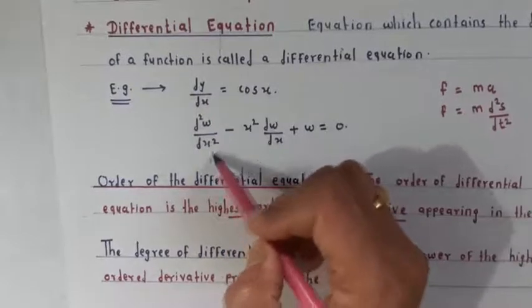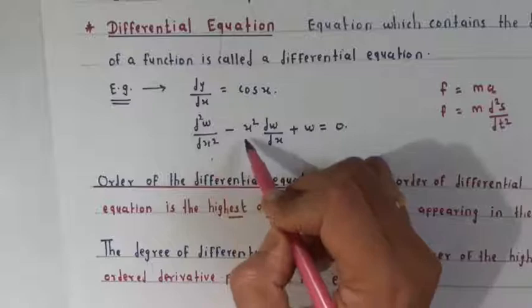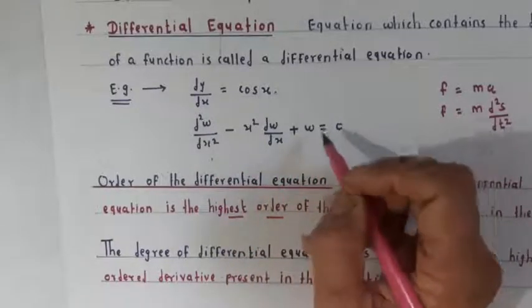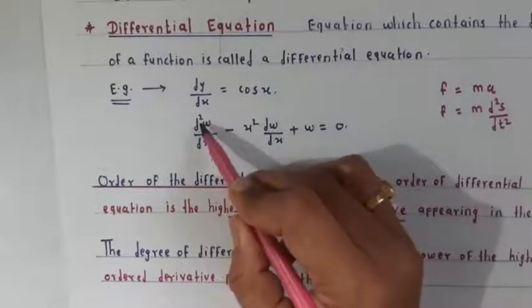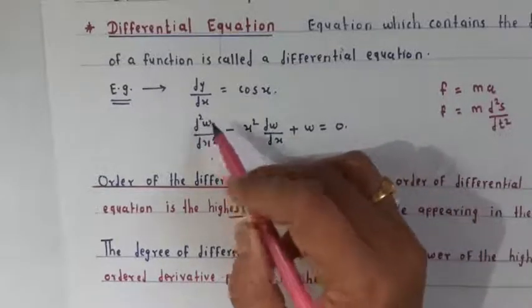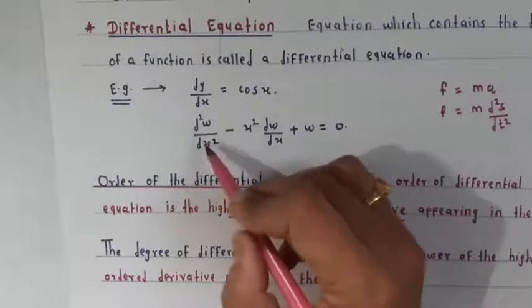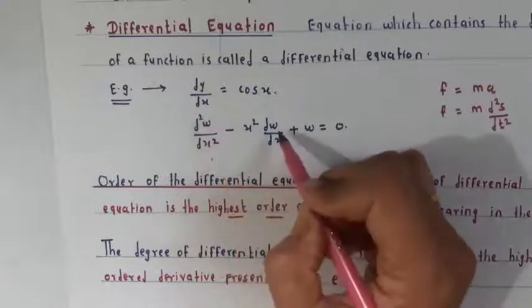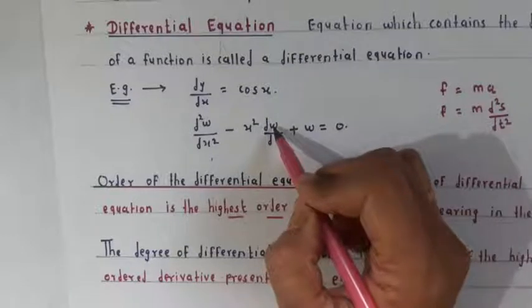Now in the second example, d squared w upon dx squared minus x squared dw by dx plus w equals 0, which is the highest order? d squared w upon dx squared is the second order, and the differentiation of w with respect to x is first order.